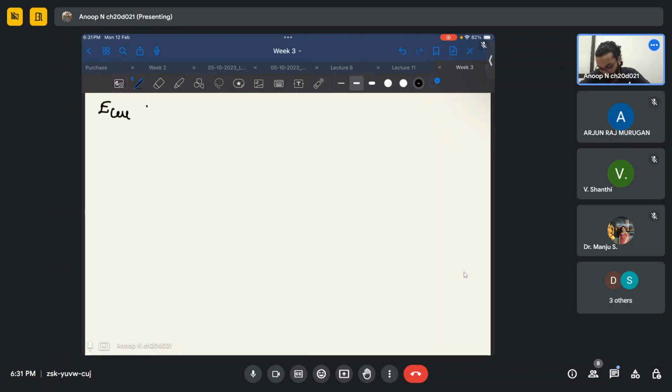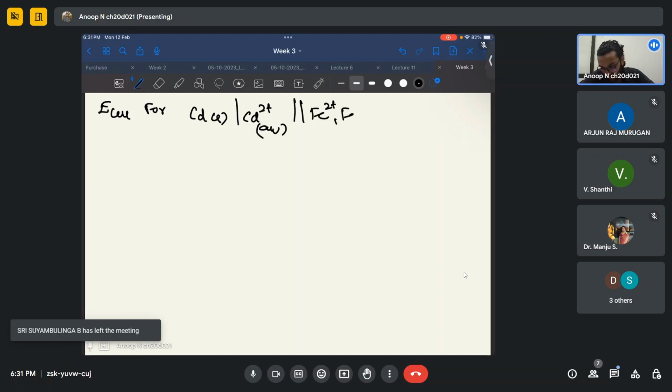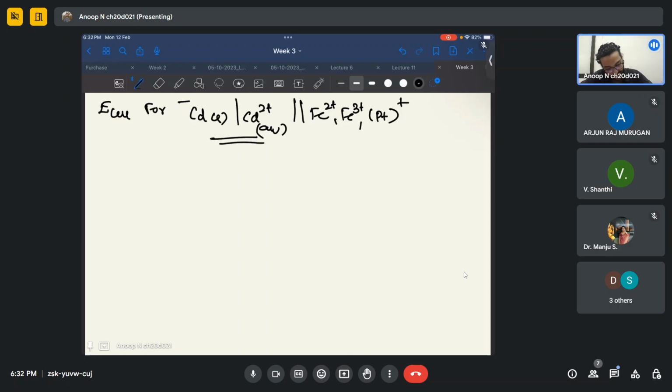So it's an in-class problem. E cell for cadmium solid bar, Cd2+ in aqueous solution, salt bridge, Fe2+, Fe3+, platinum, positive negative. So hope from it directly people can write the equation. So here is the left side, right side. So oxidation, reduction. How can I write it? At the anode, Cd gives Cd2+ plus 2 electrons.